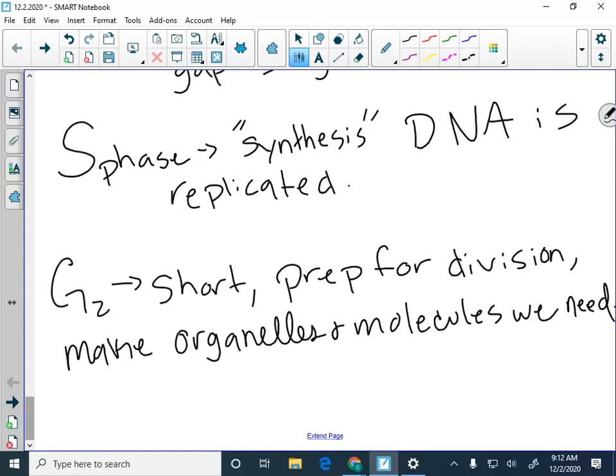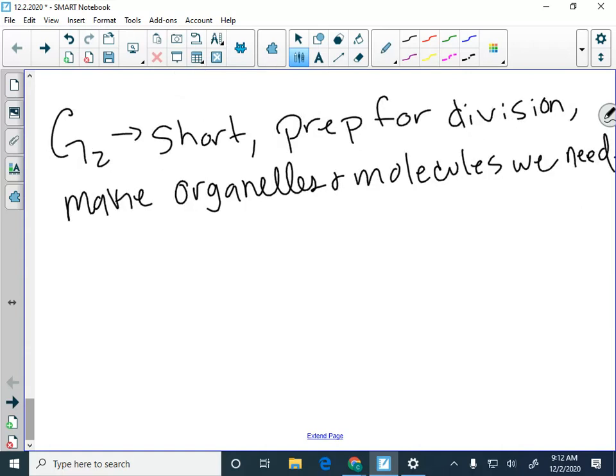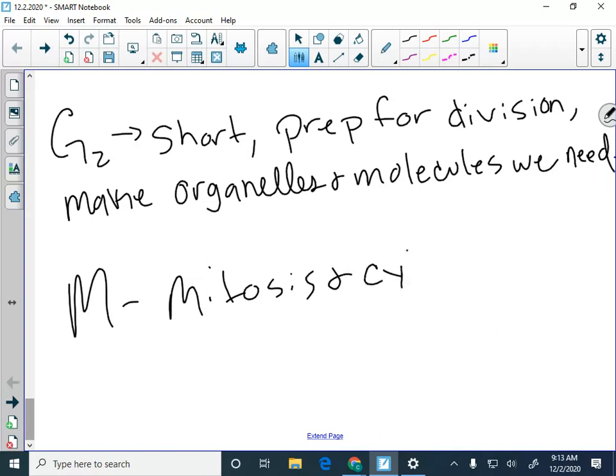Exactly. The last step, M. M stands for mitosis. This is cell division and cytokinesis. So mitosis and cytokinesis. Cytokinesis is the process of that last snip between the two.